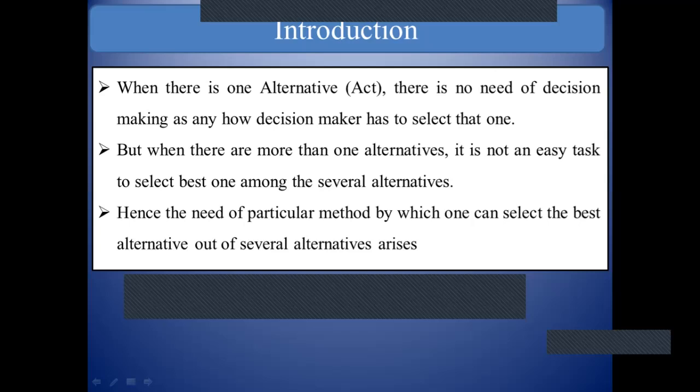But when we have more than one alternative or act, for example in your town there are 6 to 8 colleges, now you need to take the best decision regarding college selection. At this time we require some techniques, some methods, so that we can get the best result about college selection.